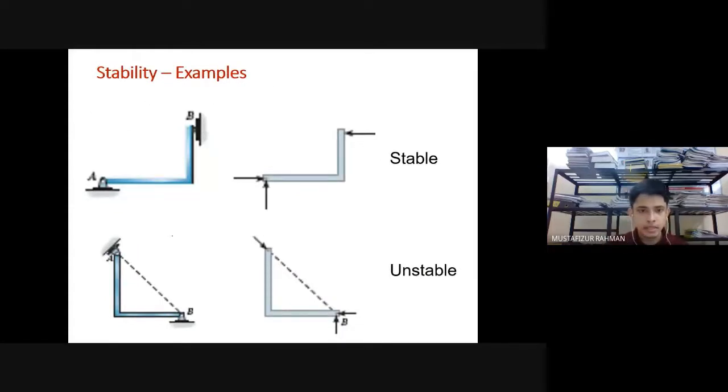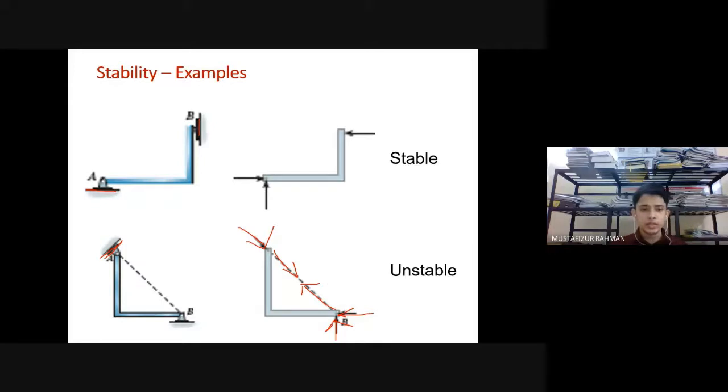Now, in this case, another example of stability and instability. See, what is happening? The supports here are like this, but in this case, the support is like this. So if the support is like this, the reaction will be like this. If we apply a force here like this, the resultant is like this. So this is a condition of instability.